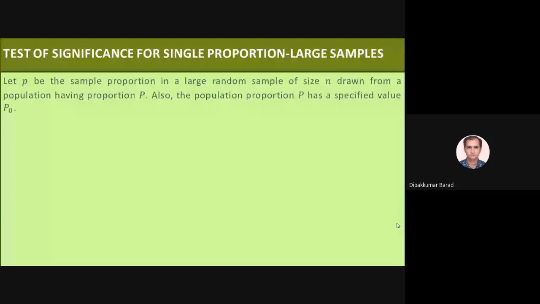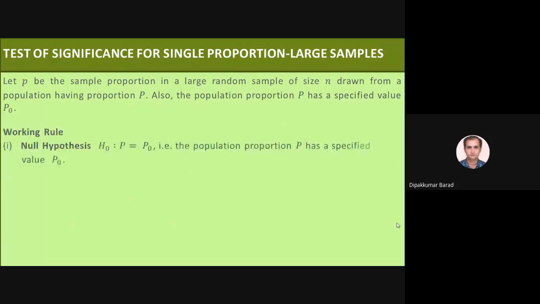So first thing we do, we set a null hypothesis H0: p equals p0. That is, the population proportion p has specified value p0.